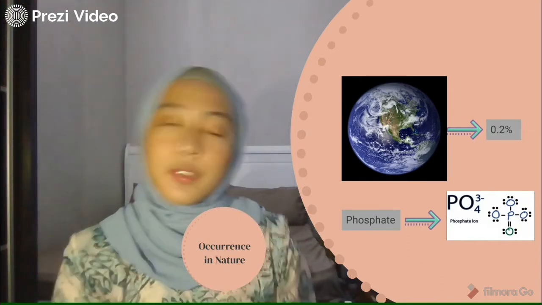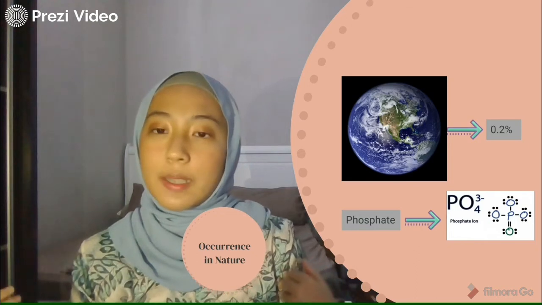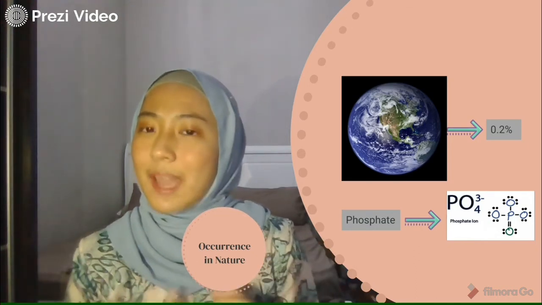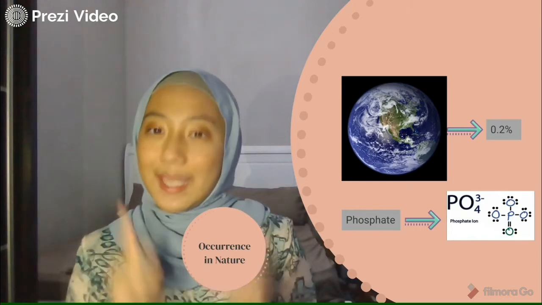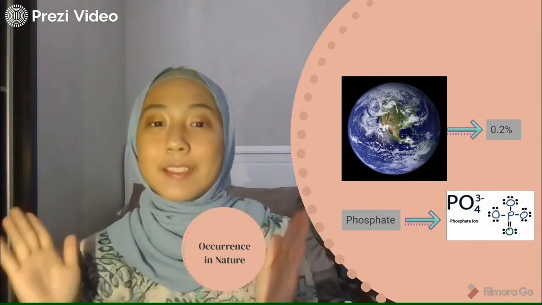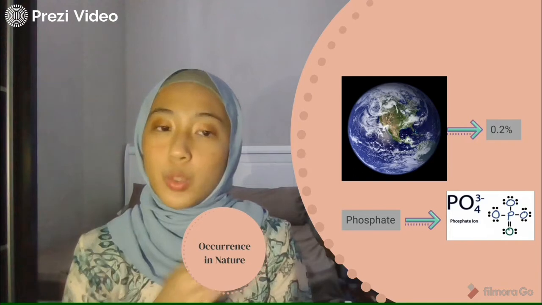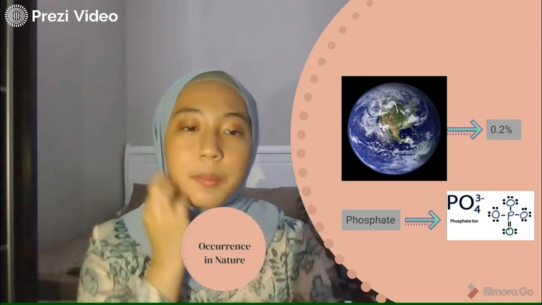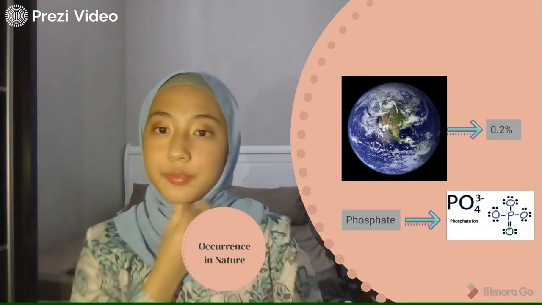So phosphorus in our Earth crust is highly reactive, so it does not exist as free elements, but it is widely distributed as minerals, which is phosphate. As you can see here, phosphate ion is PO4 3 negative.